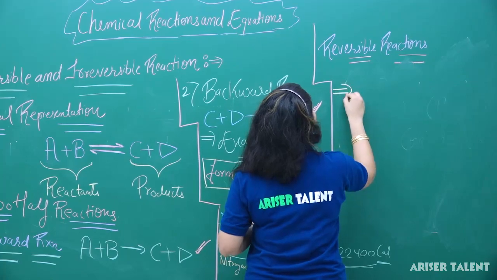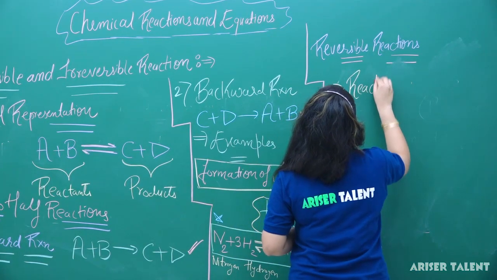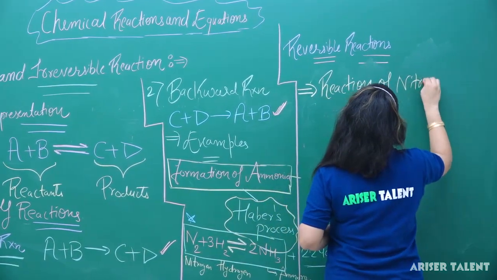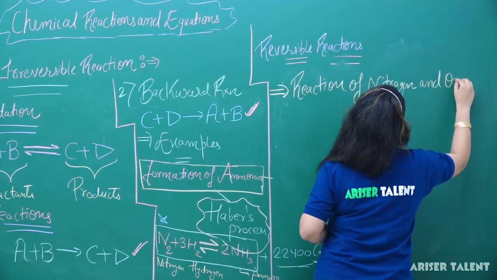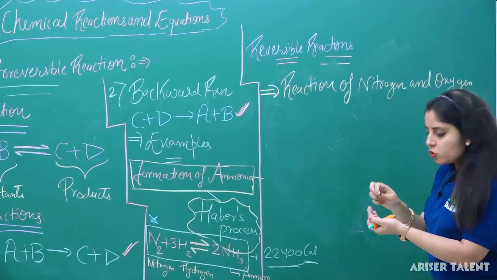We have been provided with one more example, that is the reaction of nitrogen with oxygen. So our second example is formation of nitrogen dioxide. Reaction between nitrogen and oxygen.